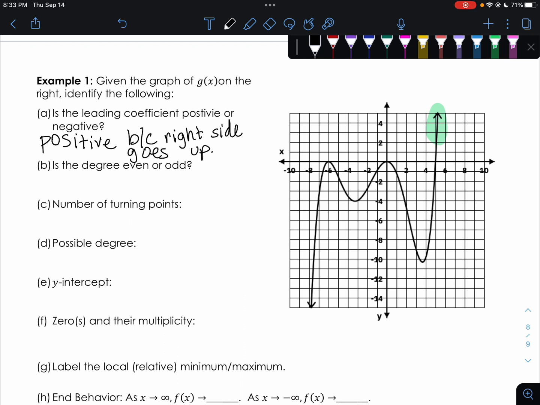Is the degree even or odd? I see that my endpoints are behaving differently. One's going up, one's going down. So this is odd. The number of turning points, how many times does this turn? Well, 1, 2, 3, 4. So it has 4 turning points.